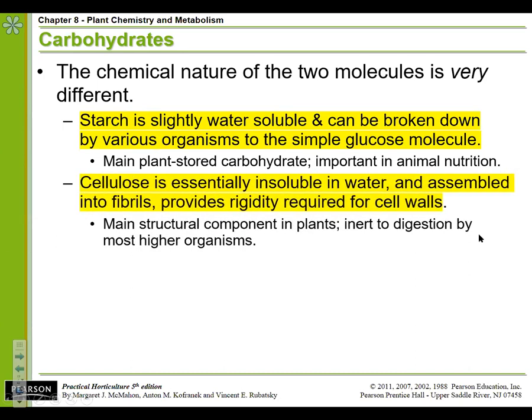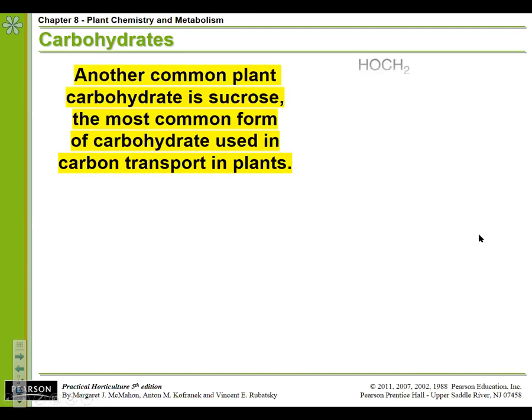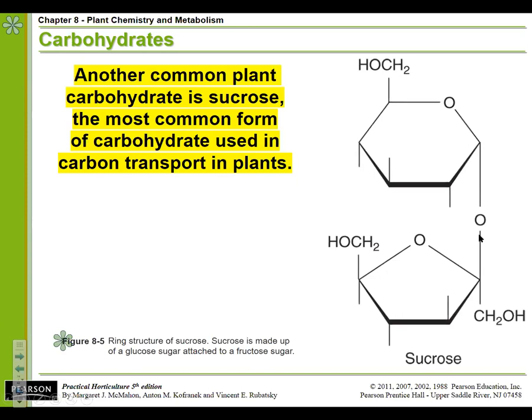Cellulose, on the other hand, is pretty much insoluble in water and is assembled into fibril structures that provide the rigidity required for cell walls in the plant. And because of that, we cannot actually digest cellulose. It comes out as waste.